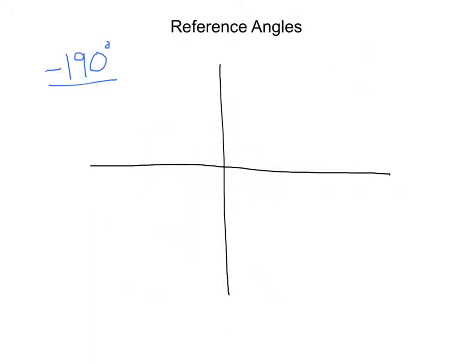Alright, just as a quick example so you don't get too freaked out when you come across a negative degree. If you end up with a negative degree that you want to sketch, for example, negative 190, instead of going counterclockwise, we are going to go clockwise. And you could think of it the same exact way. So instead of this being 270, this is going to be now negative 90.